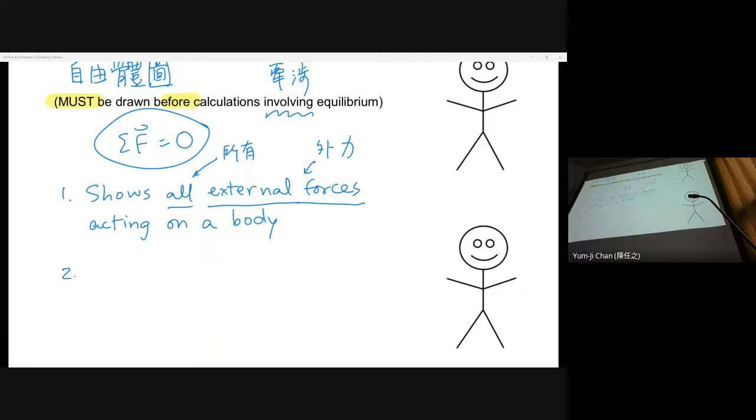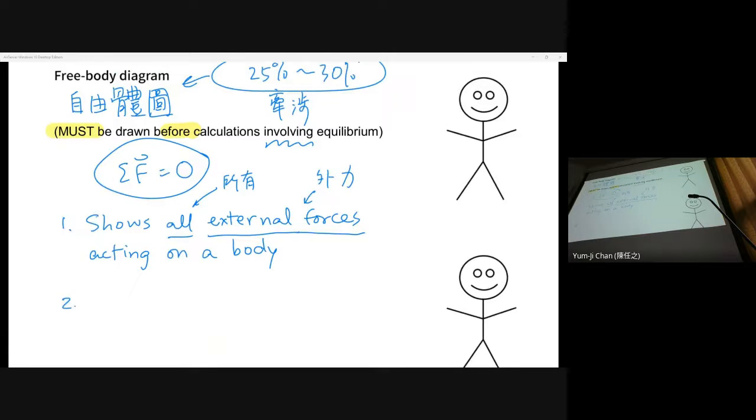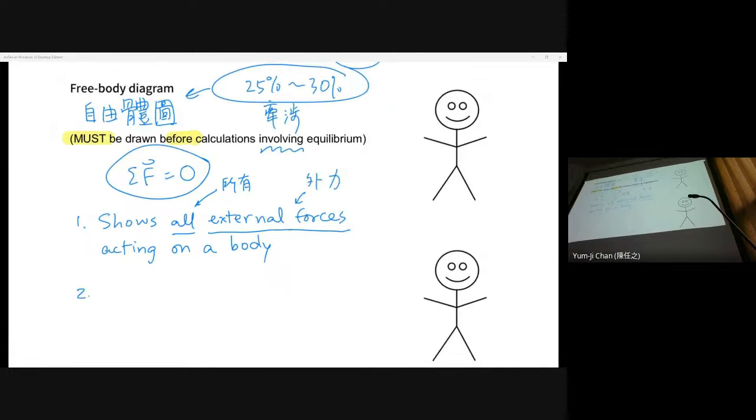And the second point is, maybe I should go on with the figures on the right. In the past I asked your seniors to draw this, but now you don't need to draw it again.